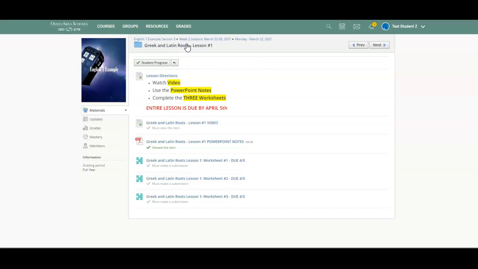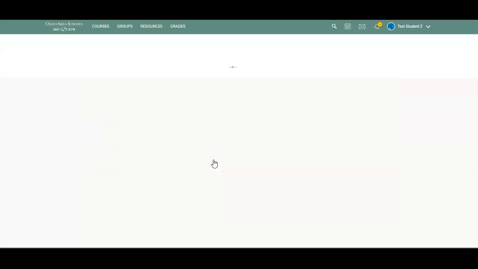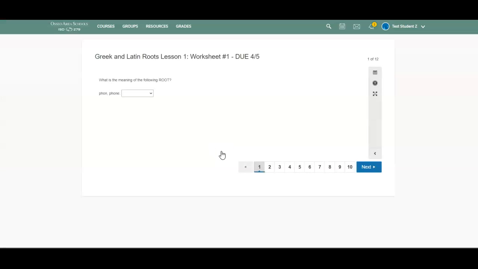Then let's look at worksheet number 1. Keep in mind you do get 3 attempts at the worksheet, and it is formative. Now the first 6 questions are very simple. It asks you what the meaning of the root is and gives you options.